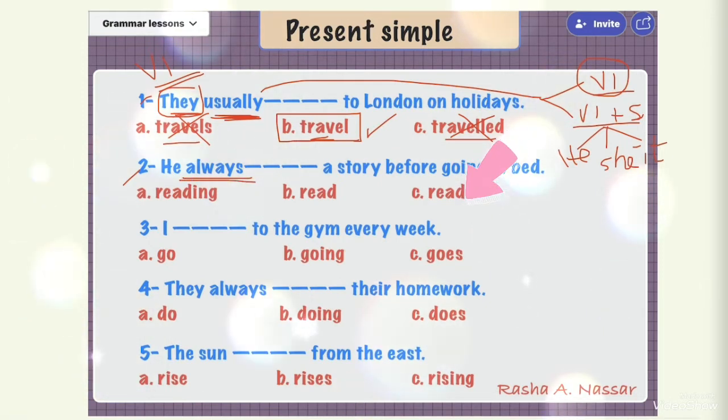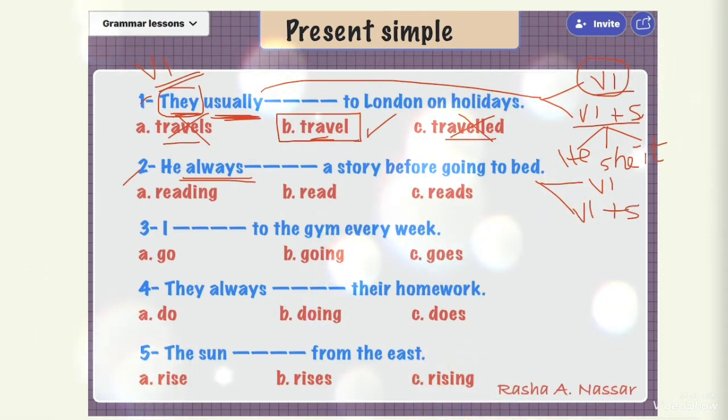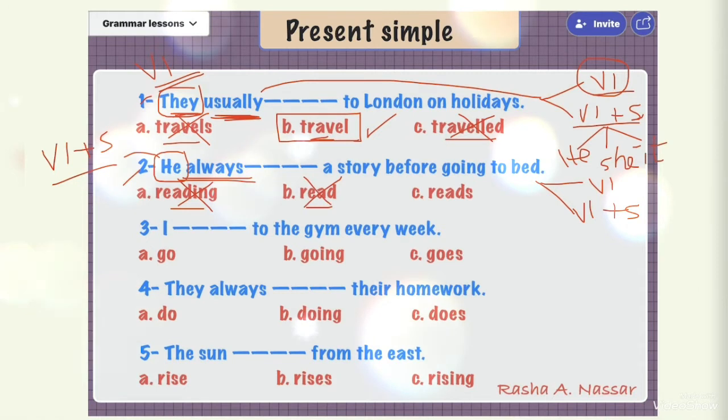When I see always, I have to choose V1 or V1 plus S. So here I have he. He takes V1 plus S. So where is V1 plus S? Here? No. Here? No. This is V1 plus S. Reads. So this is the correct answer.